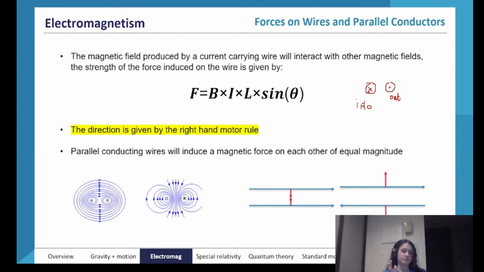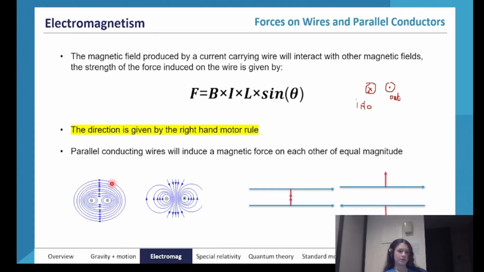If an arrow is flying away from you, you're going to see the crossed feathers at the back. So if an arrow is moving away from you, it's moving into the page because you see the back of it. If an arrow is moving towards you, you're going to see the tip of it, and that's going to be moving out of the page towards you. So that's just how we display if a current carrying wire or a field is going into or out of the page.